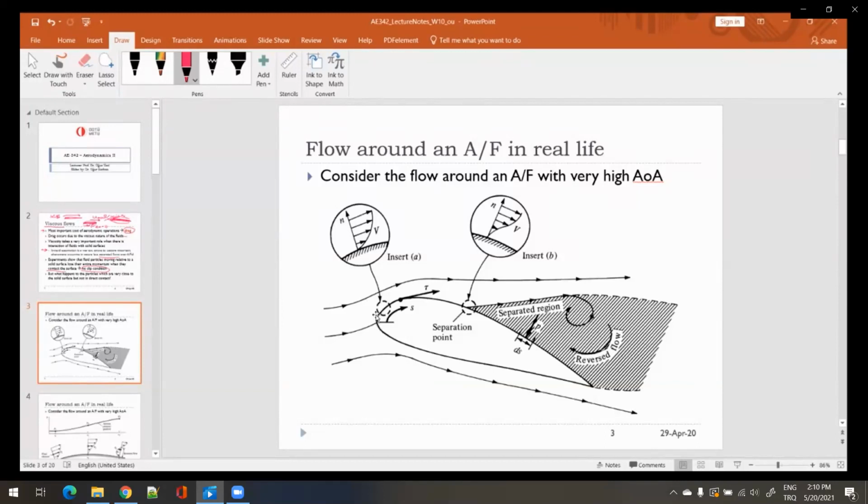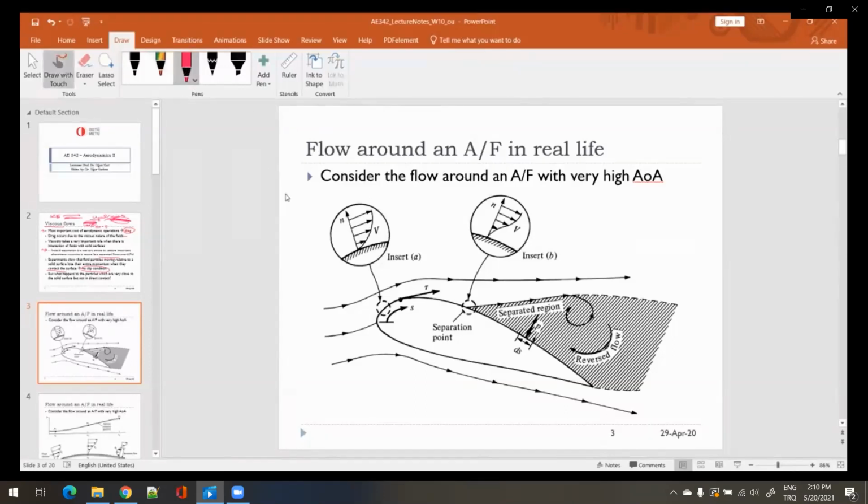Then the flow will start to develop on the body surface, such that the fluid particles near the body surface will have reduced momentum, and if they are on the surface, they will have zero momentum, the no slip condition. As this develops, the velocity profile will take a shape as shown here.